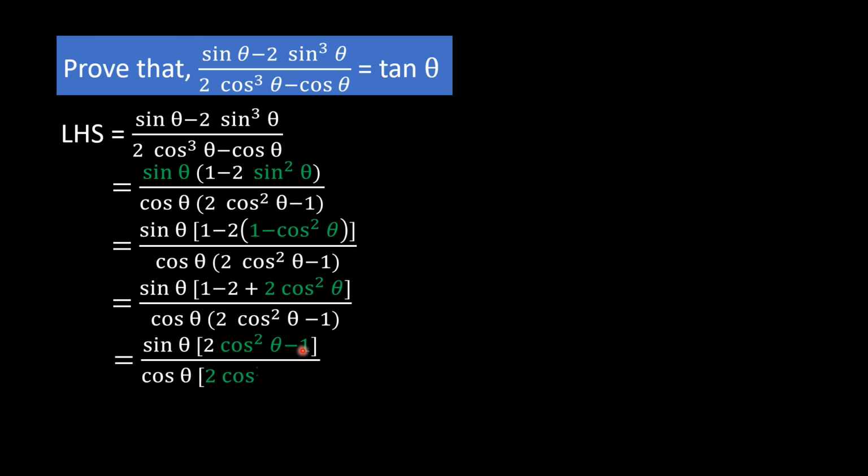Now 2 cos square theta minus 1 gets cancelled with 2 cos square theta minus 1, and we are left with sin theta divided by cos theta, which is tan theta, and this is our right hand side. So we have proved this statement.